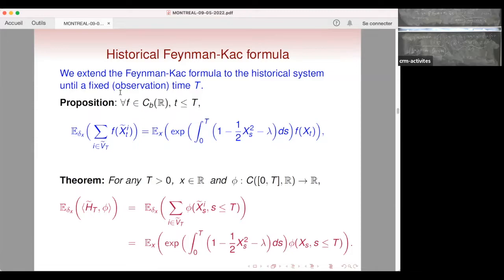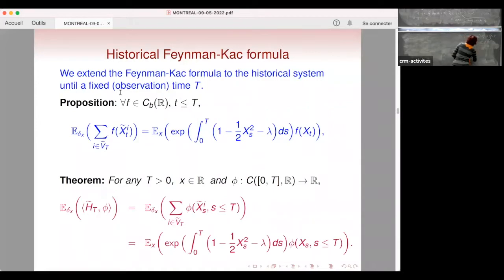Here I consider the label, the trait of the individual I at time capital T, but at time small t. Okay? And so we have a similar expression. And I will explain the proof.